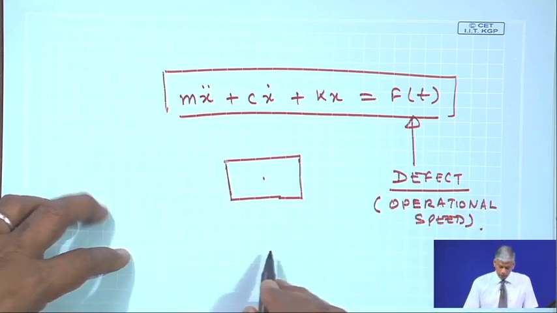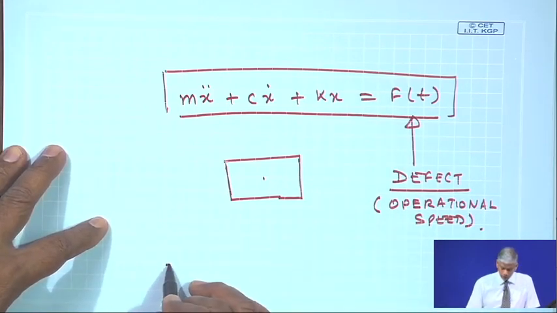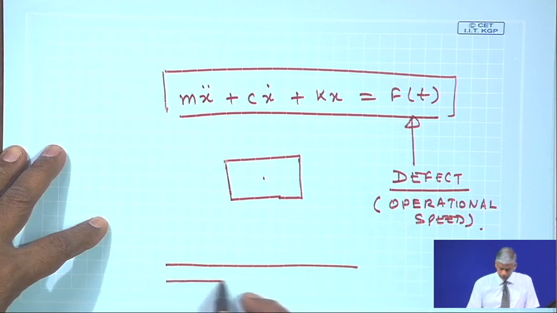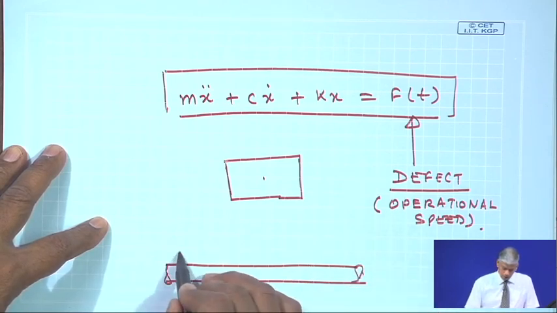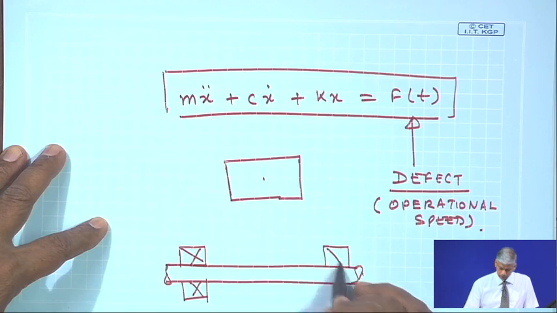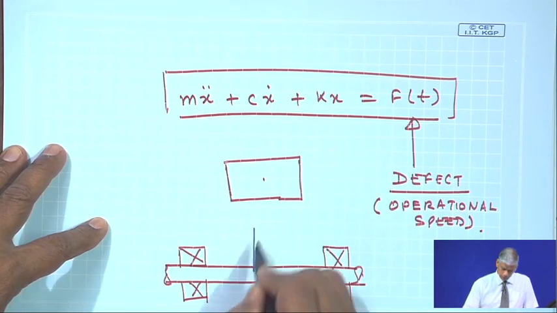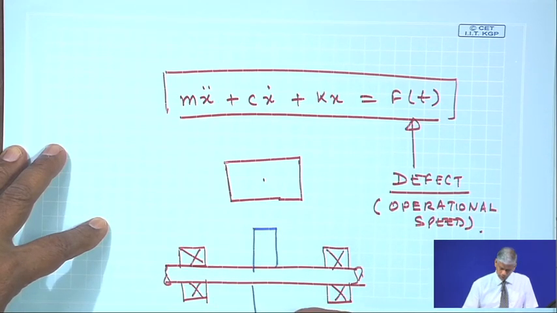I will give you an example. Imagine I have a shaft. It is supported on bearings. And this shaft is carrying a disc, which could be a pulley or a set of vanes.